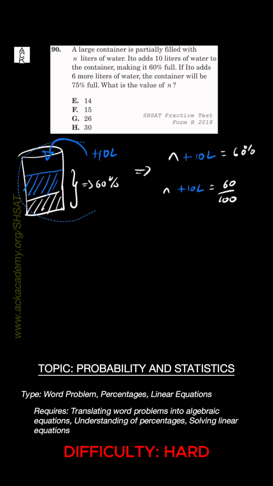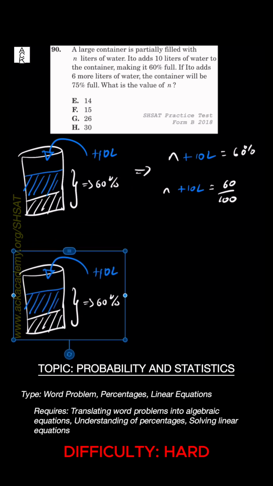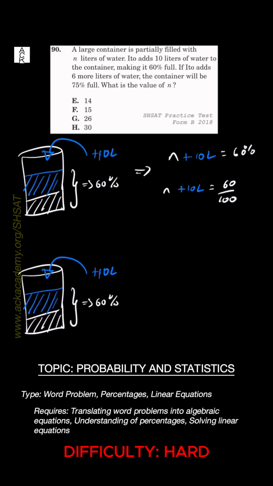The next case is the same as this. The only difference is Ido keeps adding water. So Ido adds another 6 more liters of water, and this makes it 75% full.